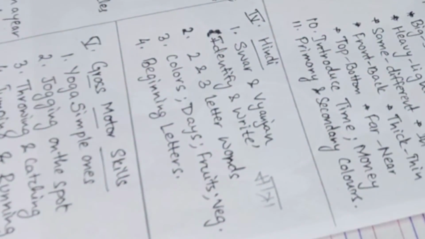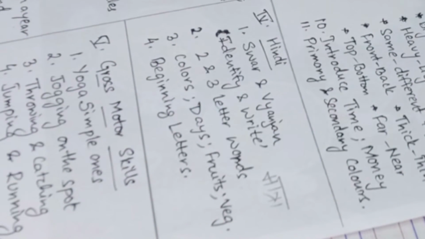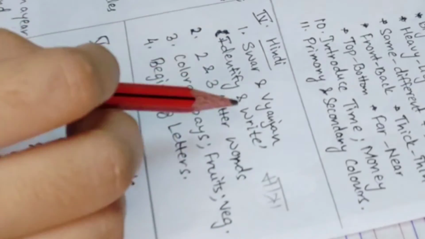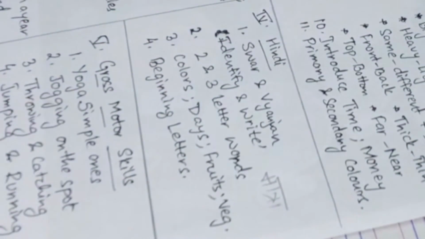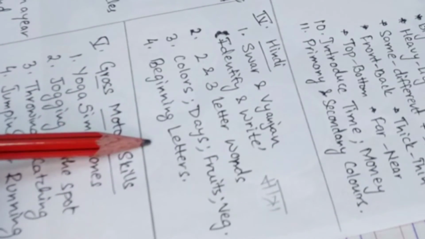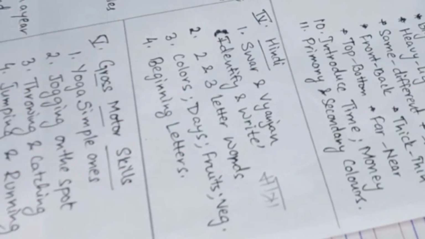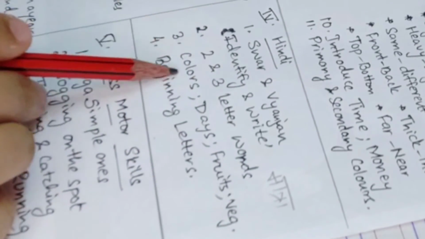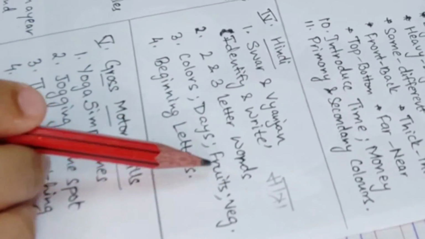And in a very fun way you make them understand with the help of lots and lots of pictures. You make them understand how it is pronounced. So they should be able to understand the beginning letters, their sounds and the matra. Now comes colors, days, fruits and vegetables.